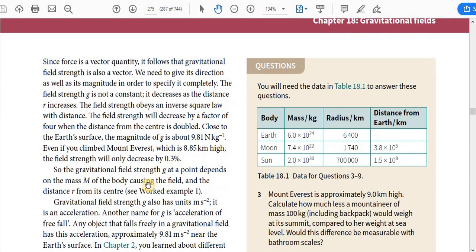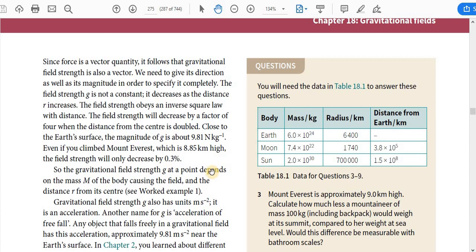Close to the Earth's surface, the magnitude of g is about 9.81 newtons per kilogram. Even if you climbed Mount Everest, which is 8.85 kilometers high, the field strength will only decrease by 0.3%. So you see, g doesn't decrease significantly when you are close to the surface of the Earth.